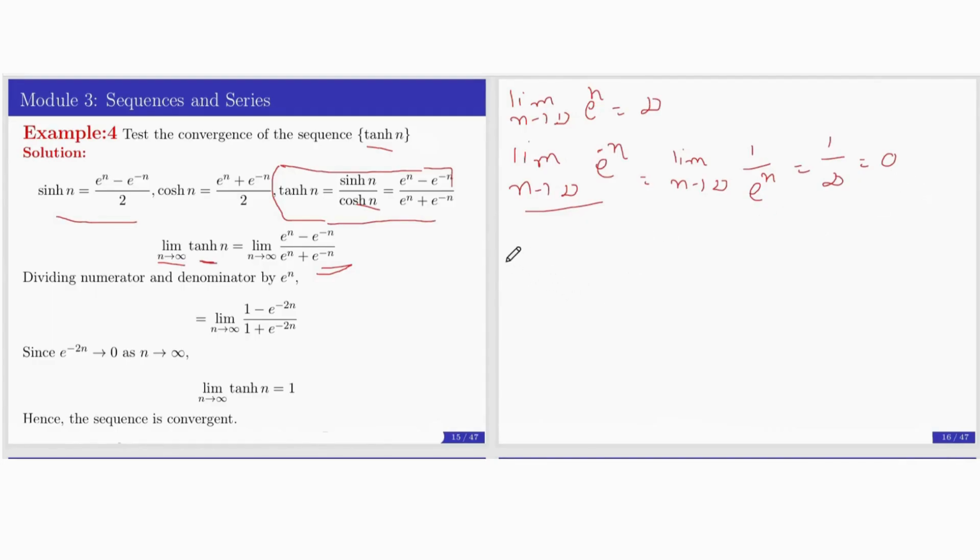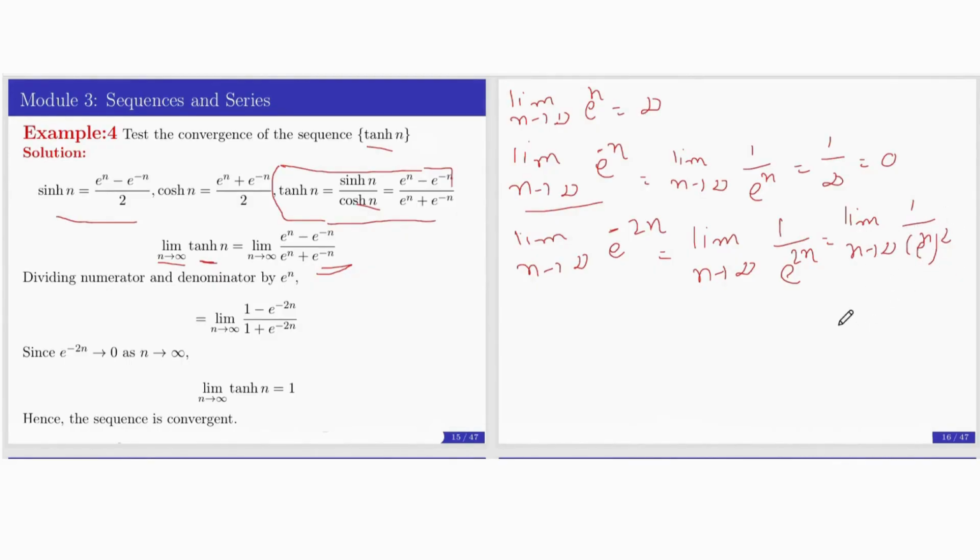Similarly, what is the limit as n tends to infinity of e^(−2n)? In the same way, e^(−2n) is 1 upon e^(2n), which we can write as 1 upon (e^n) squared.